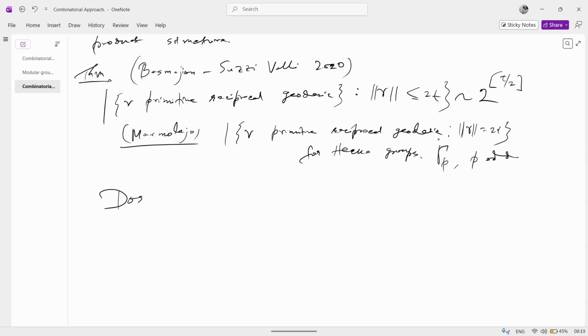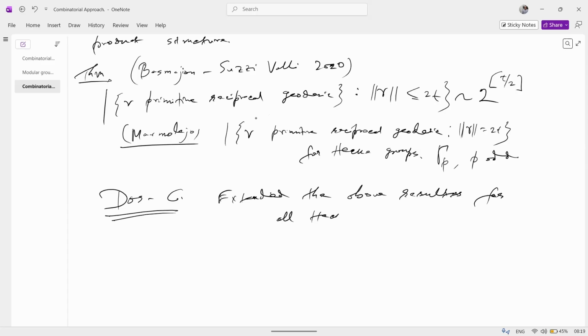Now with Debattam Das, we have extended the above results for all Hecke groups. But this is for reciprocal elements.